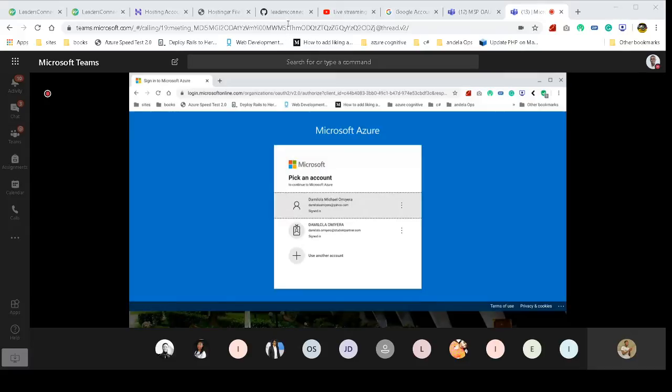So I don't know what's wrong. I'm having a slight difficulty signing in, but I'm trying to see if I can open it from another browser and sign in.